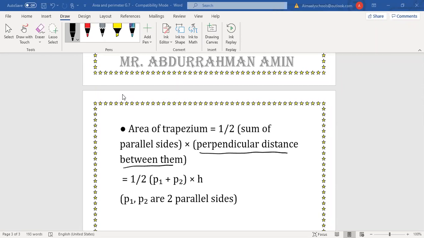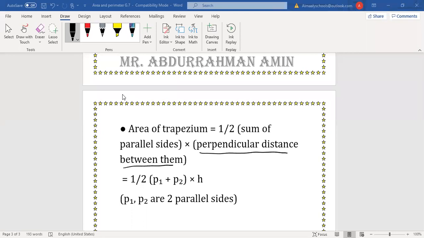Excellent. It's not a trapezium, it's a parallelogram. For the parallelogram, it will be base multiplied by height, and the base equals 15. It will be 15 multiplied by 7. Excellent. And then we'll add both areas.